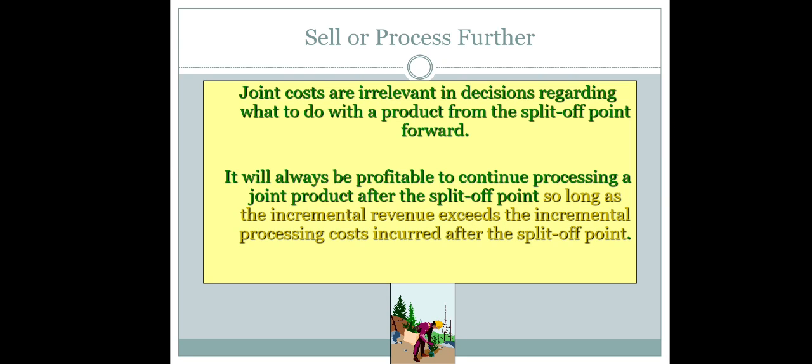Joint costs are irrelevant in decisions regarding what to do with a product from the split off point forward. It will always be profitable to continue processing a joint product after the split off point so long as the incremental revenue exceeds the incremental processing cost incurred after the split off point.